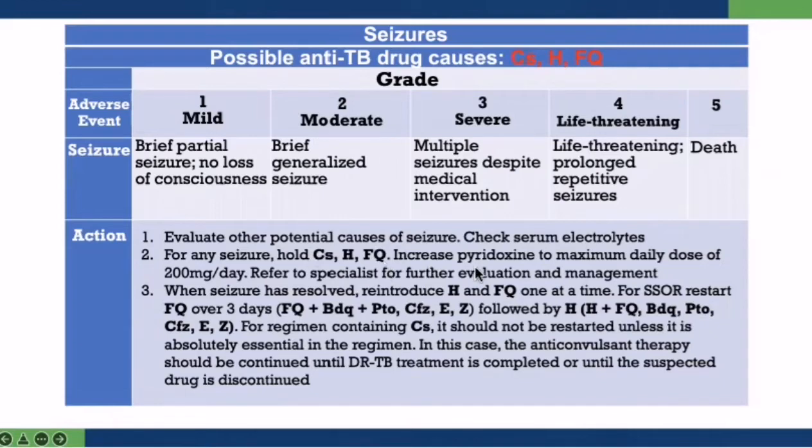And then we can increase vitamin B6 or pyridoxine to a maximum of 4 tablets a day. And then, of course, you can always refer to a specialist for further evaluation and management. And when the seizure has resolved, you can reintroduce our other drugs one at a time.